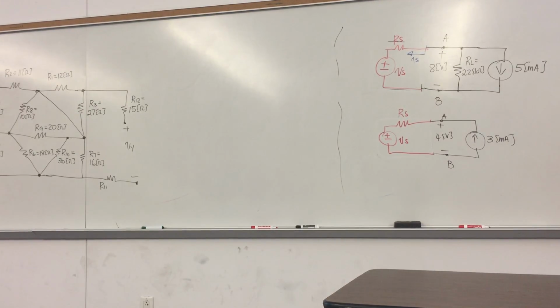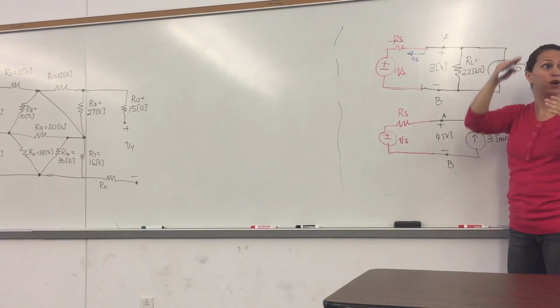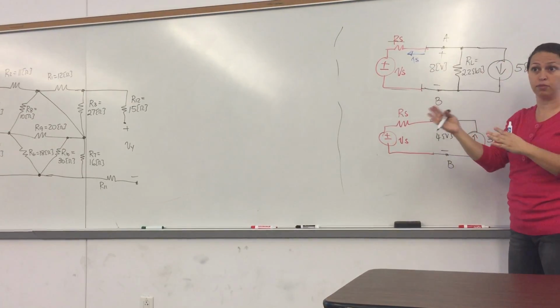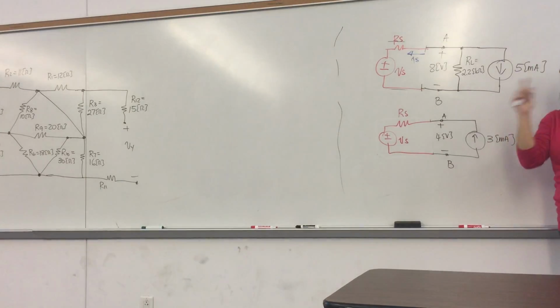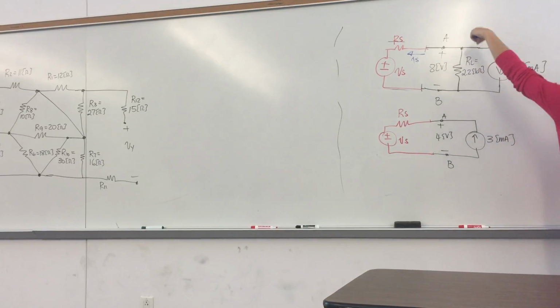IL, which I can already write in terms of something else, right? Like things that I know. 8 over R. So voltage equal to current times resistance, right? For the resistors, if I know the voltage, I know the current. If I have the current, I know the voltage. So this is equal to, just be careful with the polarity, 8 volts over 2.2K flowing down. 2.2 kilo ohm equal 0, right?